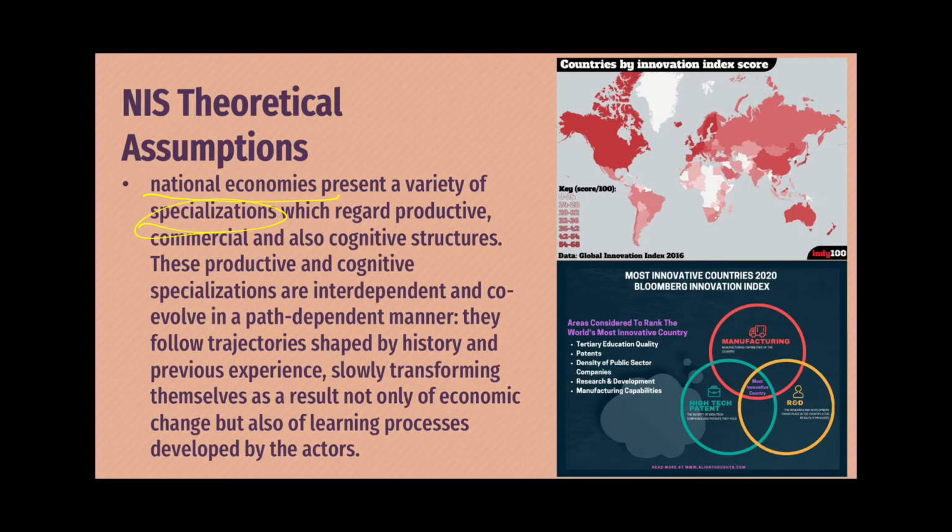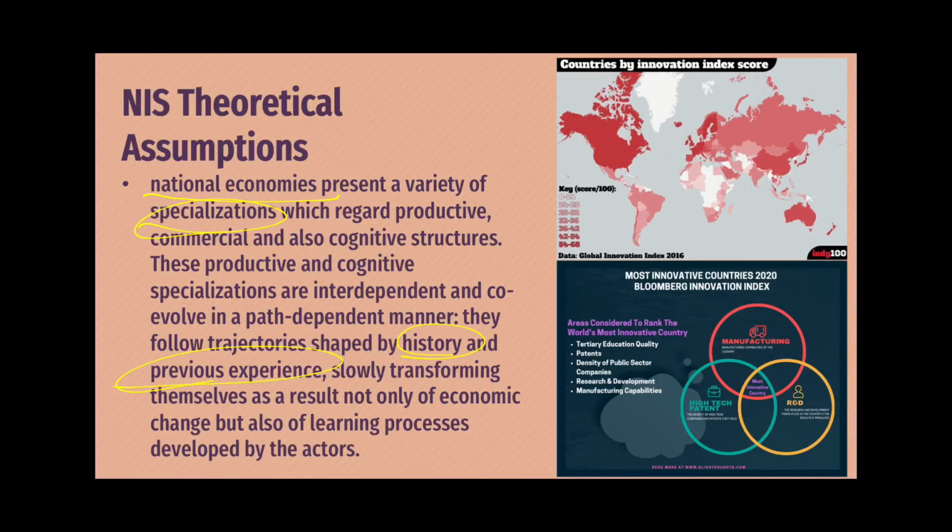These productive, cognitive specializations are interdependent and co-evolve in a path-dependent manner. They follow a trajectory shaped by history and previous experience that is common in that nation, slowly transforming themselves as a result not only of economic change but also of the learning process developed by the actors.